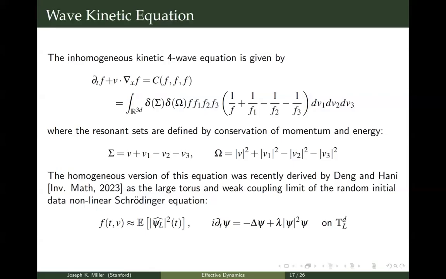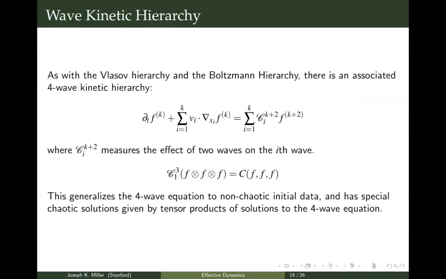one way we would like to understand this object is by looking at, okay, what happens. I can view this as being a very particular example of a more general theory. So you can form a hierarchy in a similar way. Okay, so if we do that, because the collision operator for this 4-way kinetic wave equation depends on 3 things, the resulting hierarchy that occurs is one that I index by 2 higher.